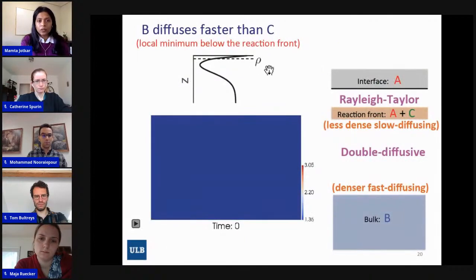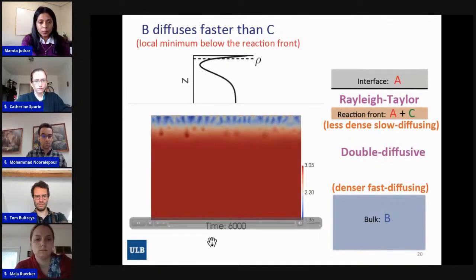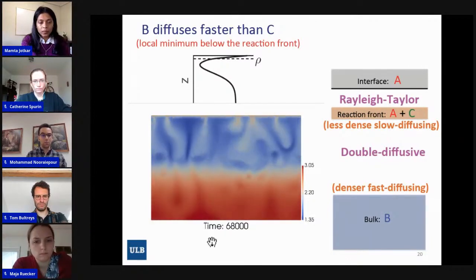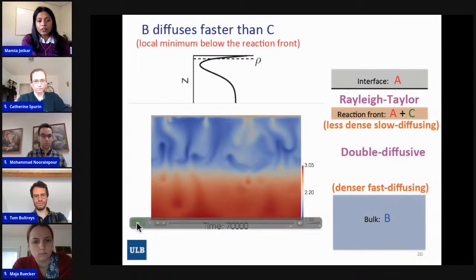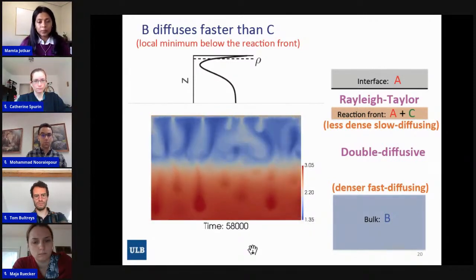But when B diffuses faster than C, the density profiles contain a local minimum below the reaction front. B from the bulk is easily available for consumption at the reaction front, and this has an overall destabilizing effect. In the absence of double diffusive convection, the fingers would remain stuck close to the interface.